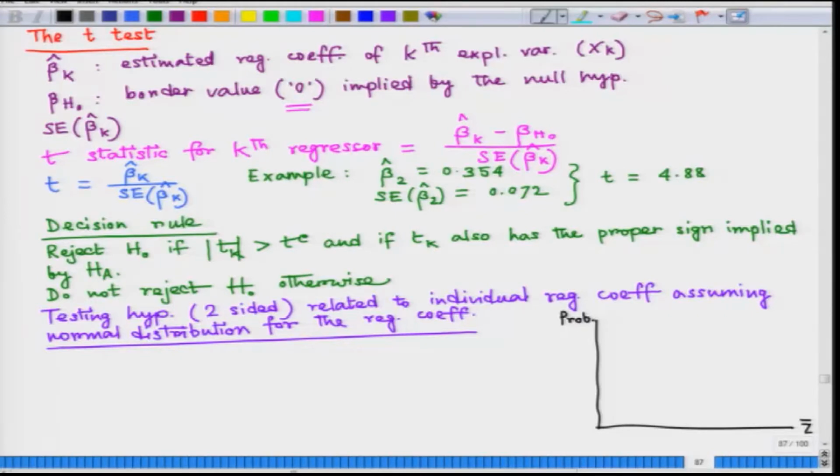We assume that we are conducting a two-sided test. Let me measure a sample statistic, denoted by z bar, along the horizontal axis, and as the sample statistic follows a distribution, we measure the probabilities for different values of z bar along the vertical axis.